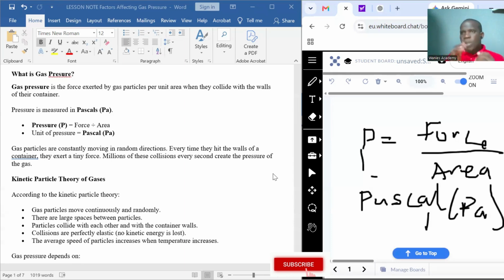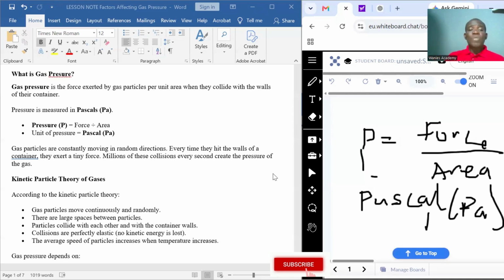When you look at the composition of particles in the gaseous state, you discover that there are spaces around gases, unlike solids, where the particles are closely packed together. For a gas, the particles are not closely packed, and so there are spaces between the particles.